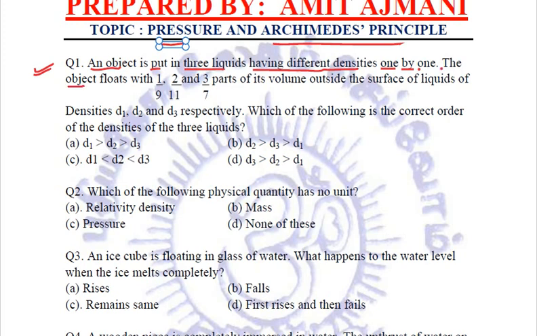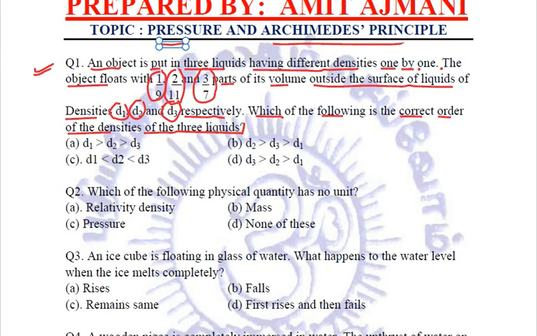Now the object floats with 1 by 9th, 2 by 11th and 3 by 7th parts of its volume outside the surface of liquid of densities D1, D2 and D3 respectively. What we are asked is which of the following is the correct order of the densities of the three liquids.